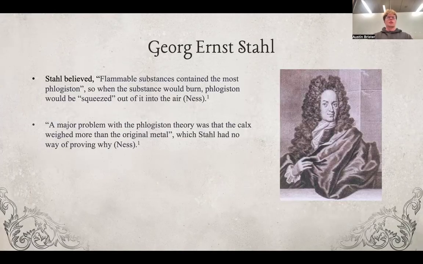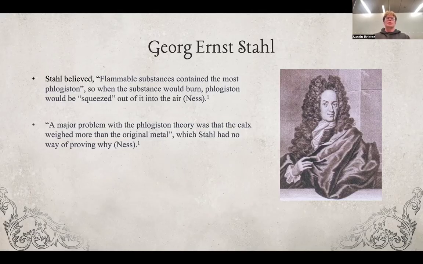So starting off, we have George Ernst Stahl. Stahl created his theory of phlogiston. He essentially assumed that in a combustion reaction, the substance that would burn would then squeeze out phlogiston, which was a make-believe substance.